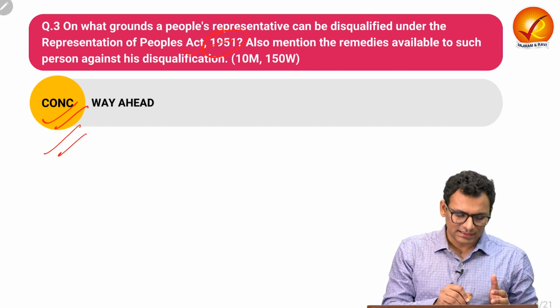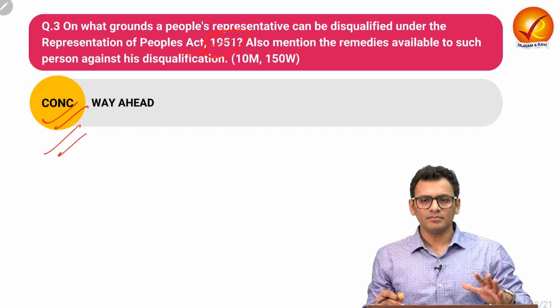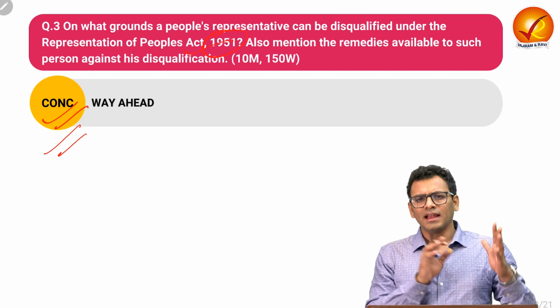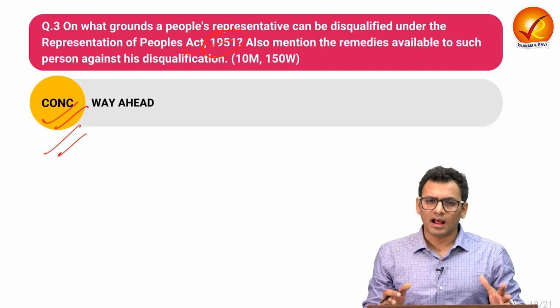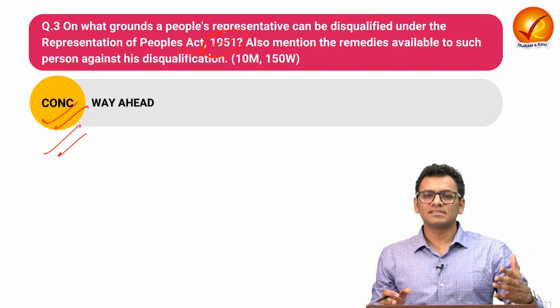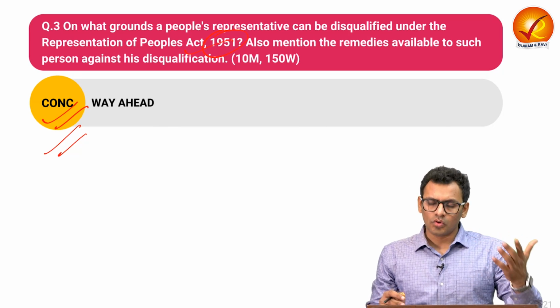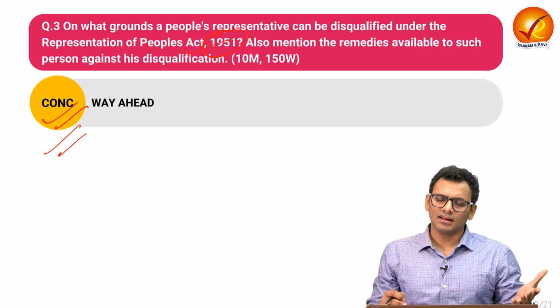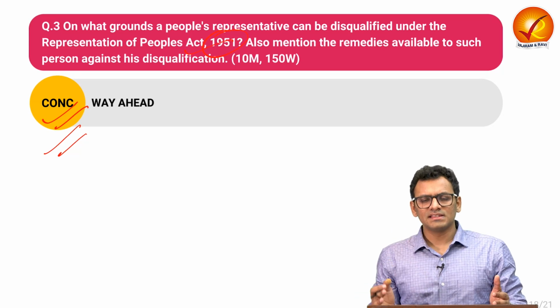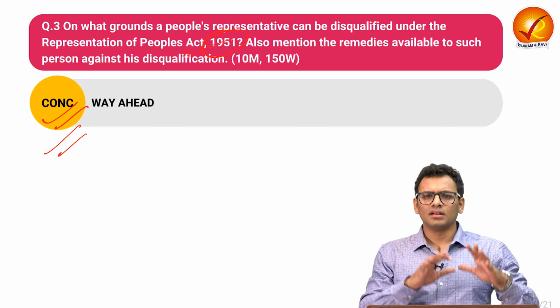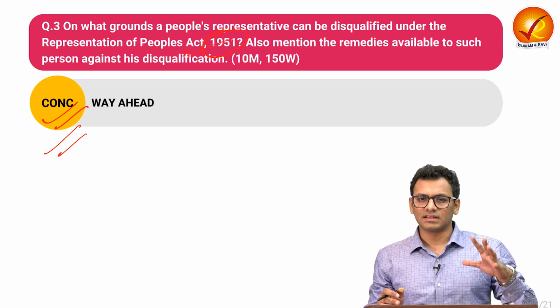So again, you can integrate the points over here for question number 3's conclusion. And going ahead, we can talk about how the Act needs to be revisited and, if possible, further grounds added. And again, there are certain remedies which can be updated as per the need. So that is all for question number 3's conclusion.